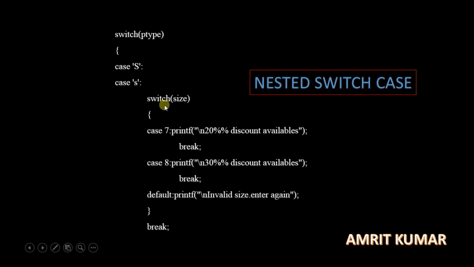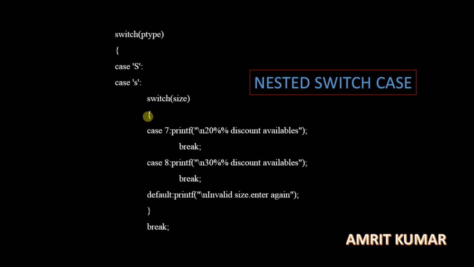So then it came under the size switch case, where it will execute either 7 or 8. If the user has given us a 7, then this statement is going to be executed, that is 20% discount available. And if the user has pressed 8, then 30% discount available will be printed on the screen.